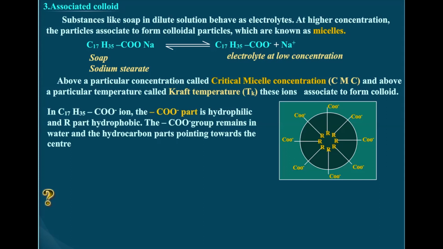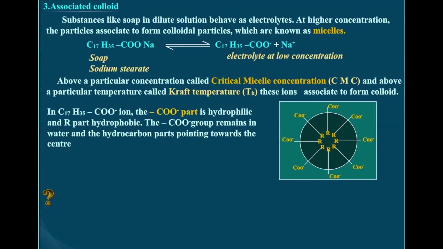But when the concentration is increased to the critical micelle concentration, the anions are pulled into the bulk of the solution and aggregate to form a spherical shape, as you can see here, with their hydrocarbon chains pointing towards the center of the sphere, with the COO- part remaining outward on the surface of the sphere.